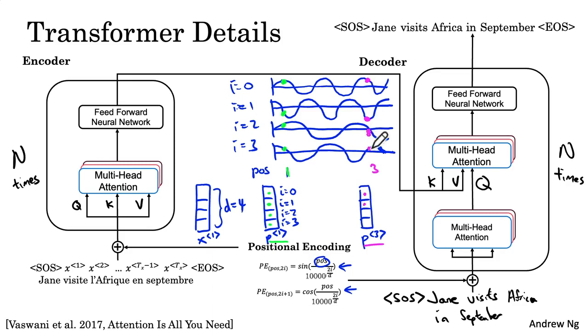But by using these multiple sines and cosines, looking across all 4 values, P3 will be a different vector than P1. So the positional encoding P1 is added directly to x1, to the input this way, so that each of the word vectors is also influenced or colored with where in the sentence the word appears.